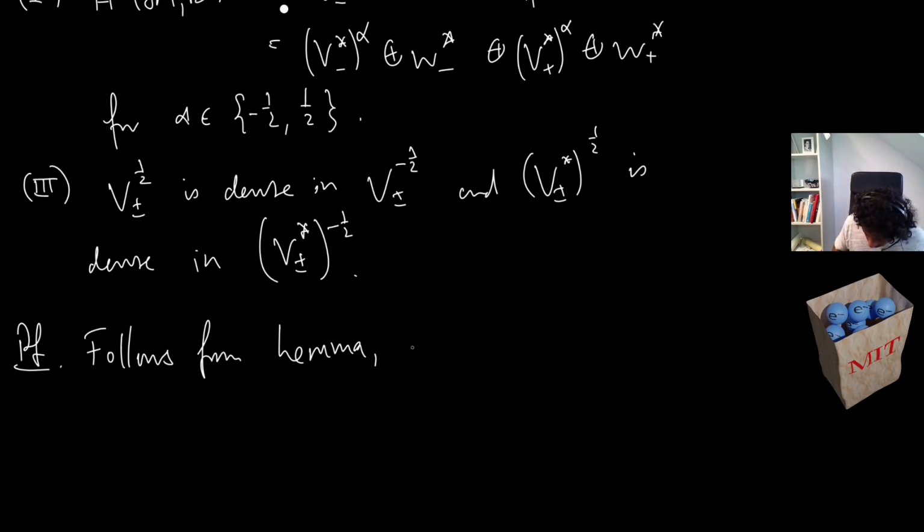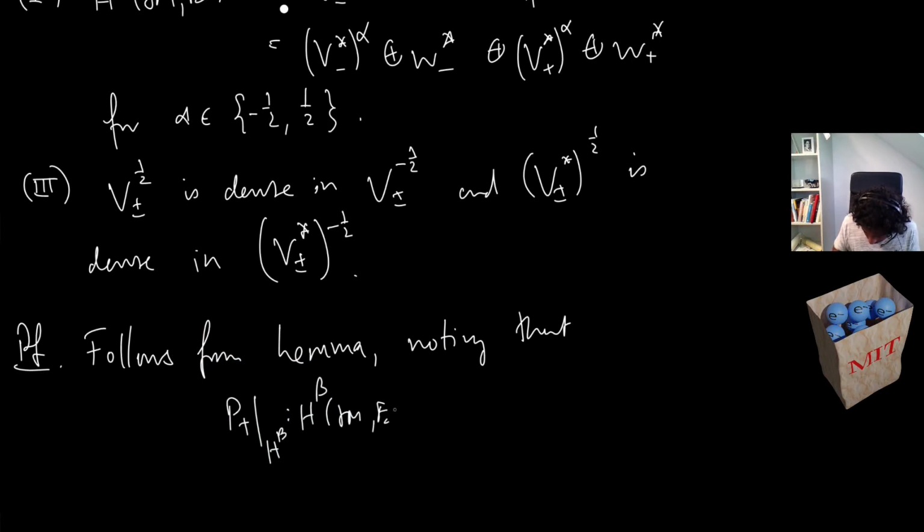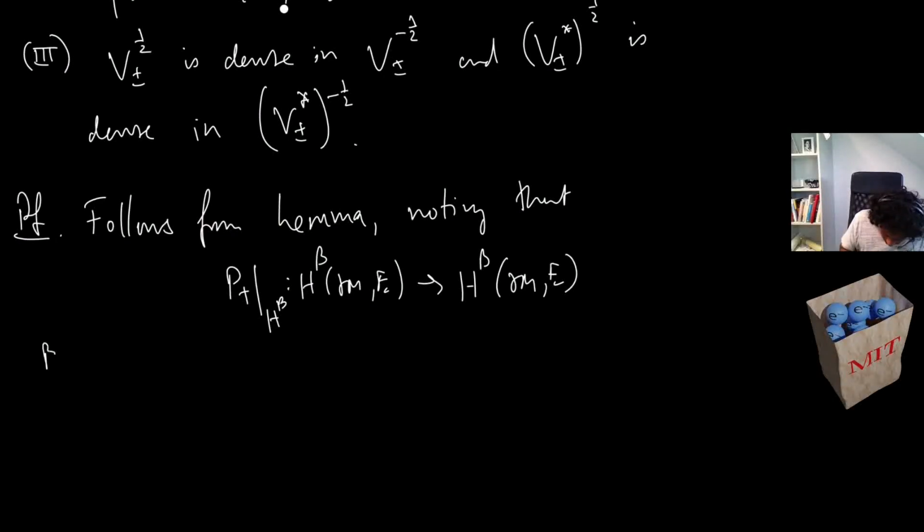But we have to note that P plus minus, remember in the assumption, well, at least for P plus, the assumption was that P plus, if we restrict this to H alpha, oh sorry, I should say H beta, is a bounded mapping from H beta ME to H beta ME in the range beta from negative a half to a half, right?